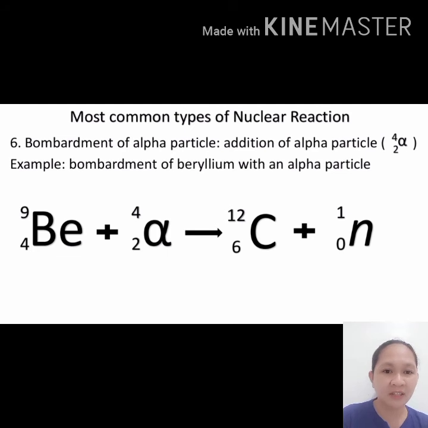Anong mangyayari? So, nagkaroon ng another nuclear reaction, which is addition of neutron. Yung ating neutron ay meron siyang super subscript na 1 at subscript na 0. Kung kaya, i-add natin, since nagkaroon tayo ng addition of neutron, 12 plus 1 is equal to 13.